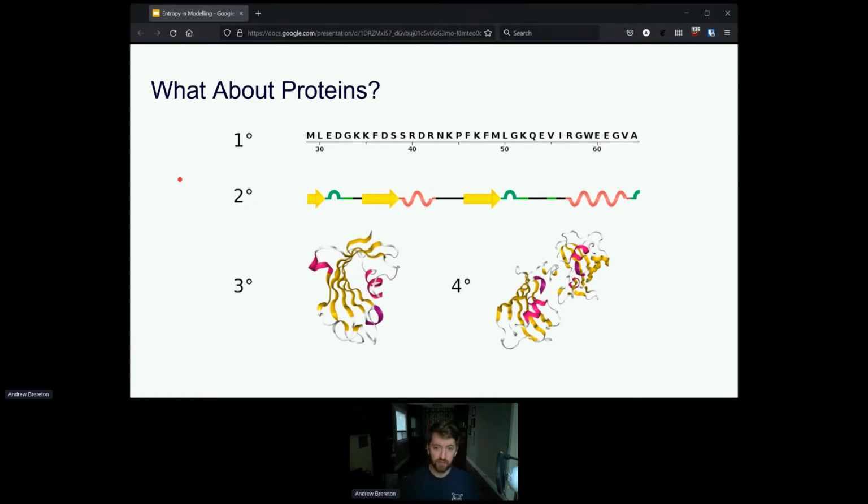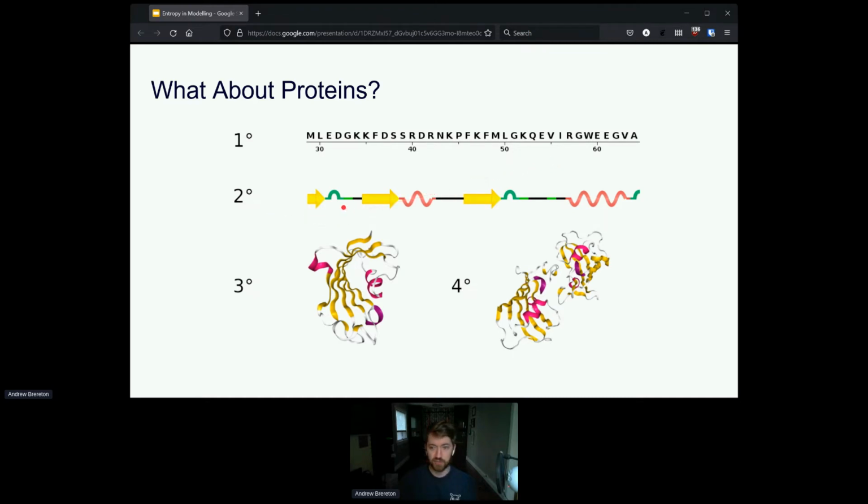So here, we can talk about proteins, for example. In protein science, we often talk about the primary structure, the secondary structure, the tertiary and quaternary structures. The primary structure of a protein refers to the linear sequence of amino acids that composes it.